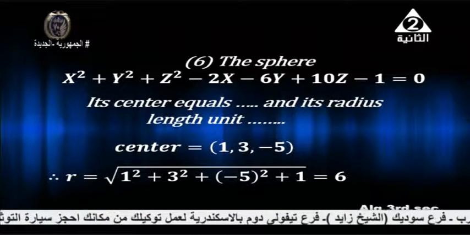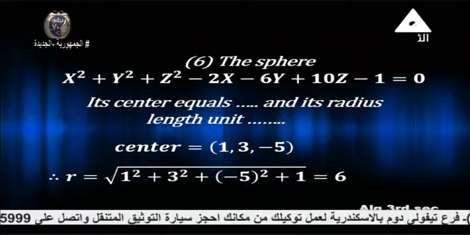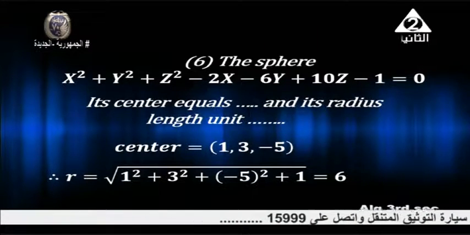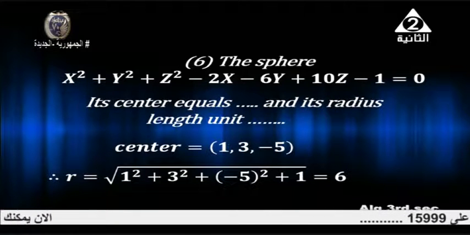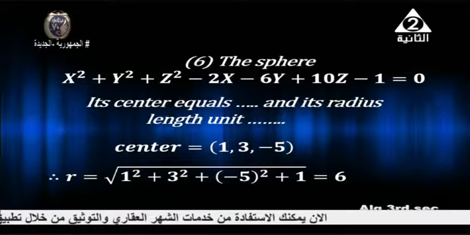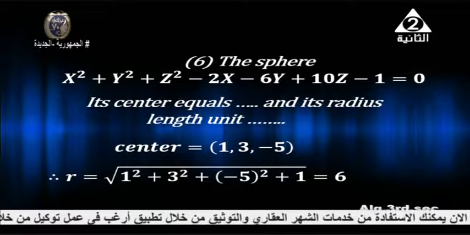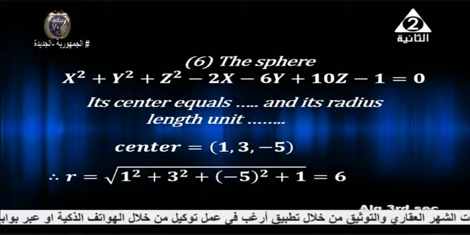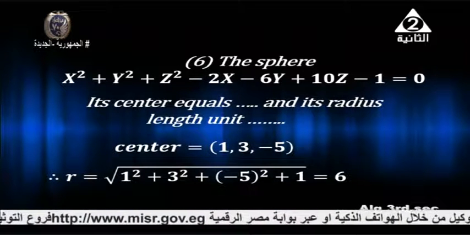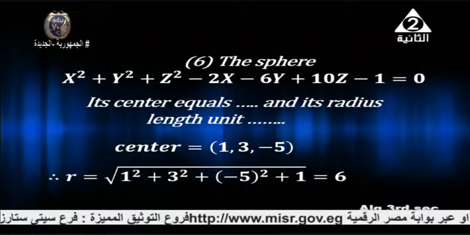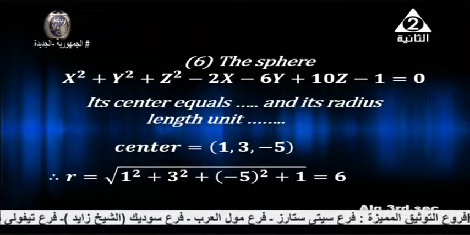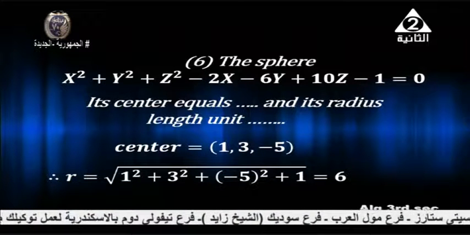We can also find the area of the sphere. What is the area of a sphere? Excellent, student. 4 pi r square. What is the r? Equals 6. Then 4 pi r square, 4 times 36 pi equals 144 pi. Don't forget, what is the volume of a sphere? Yes, 4 over 3 pi r power 3.